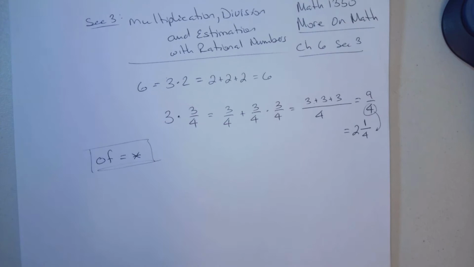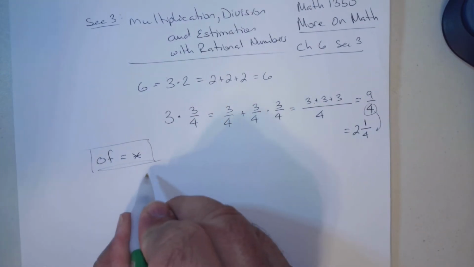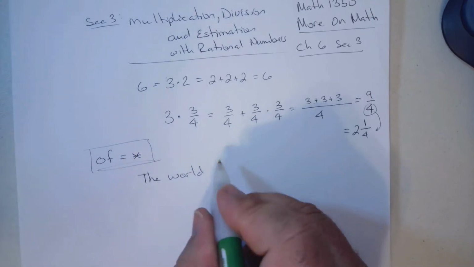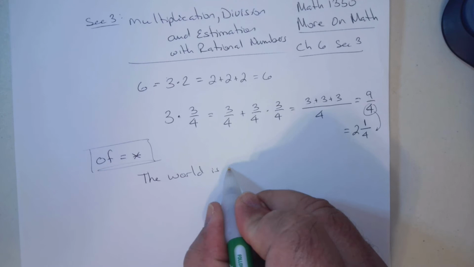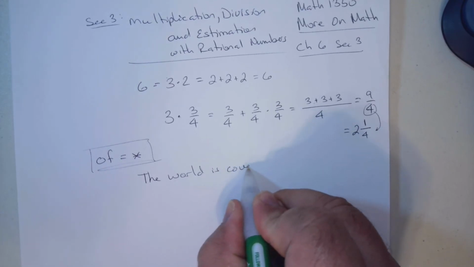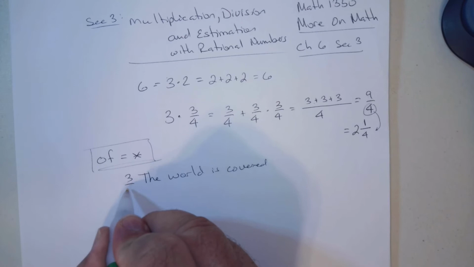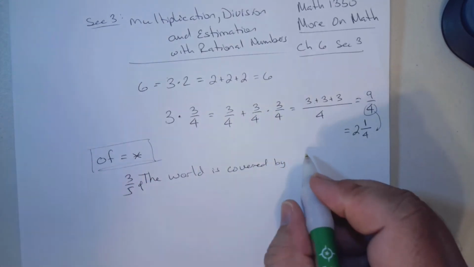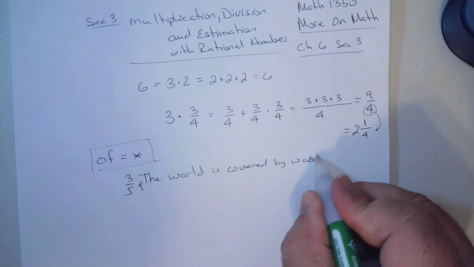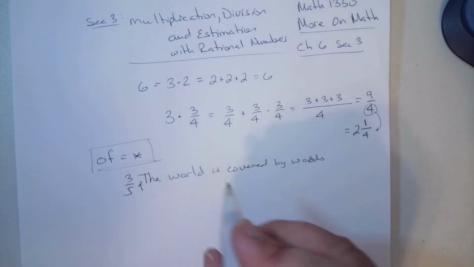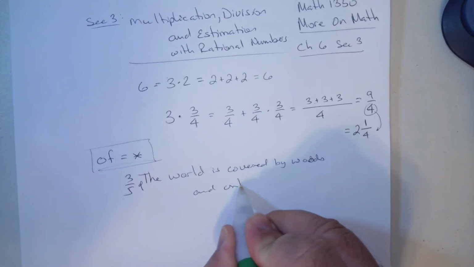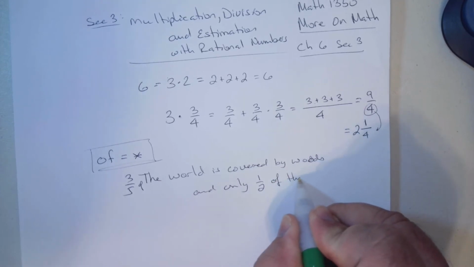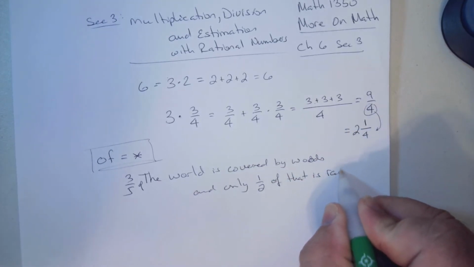For example, the word problem: 3/5 of the world is covered by woods or woodlands, and only 1/2 of that is rainforest.